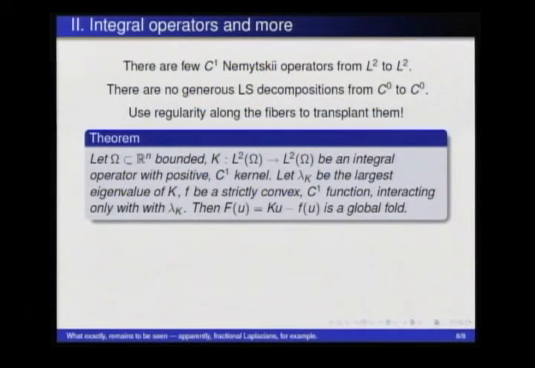And then you're in good shape. You get all the nasty Nemytskii operators you would like to handle. So the moral is that we're able to obtain results of that kind essentially because an integral operator has very elementary regularity properties. Okay? Regularity gives us this lucky break of mixing the best of both worlds.